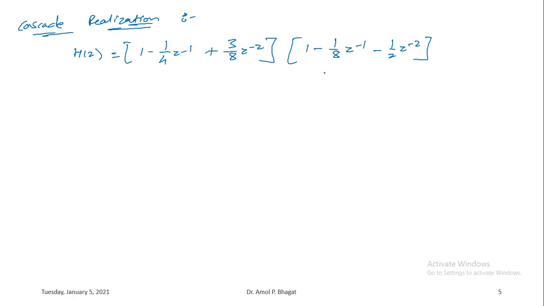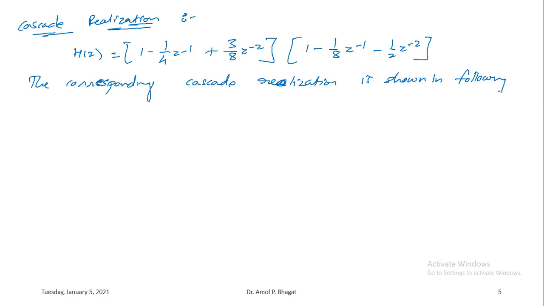So the corresponding cascade realization is shown in the following figure. Here you can attach two systems with each other, right?